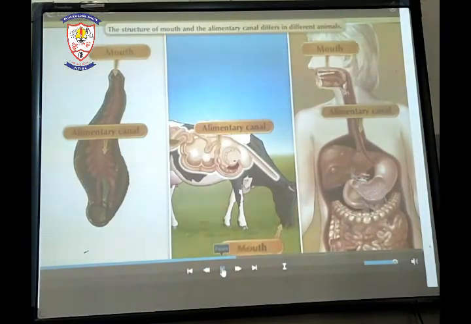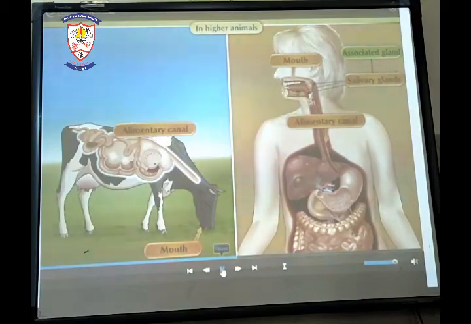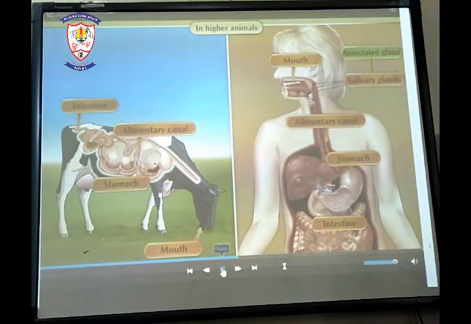The structure of the mouth and the alimentary canal differs in different animals. In higher animals, these specialized organs together constitute a complex digestive system, for example the stomach and intestine, and some salivary glands associated with this system.